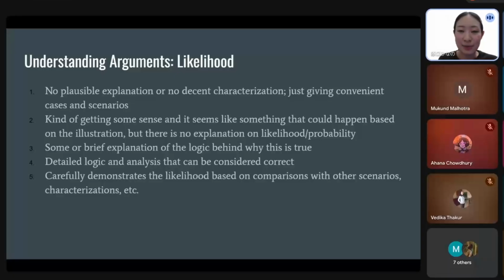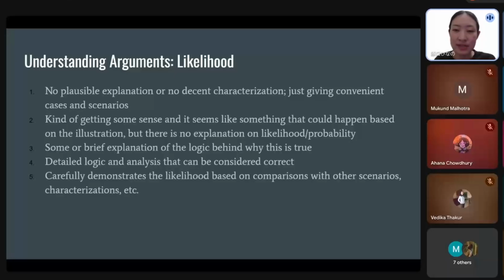I think this type of illustration of what exactly the message looks like is somewhat understandable and somewhat likely to happen, but there's no concrete explanation of how likely it is. So this is the second level of explanation.